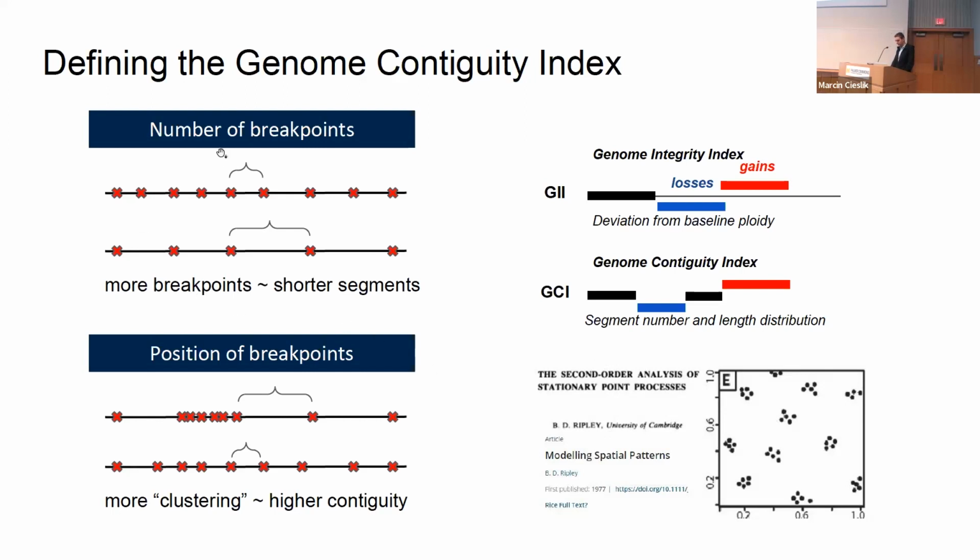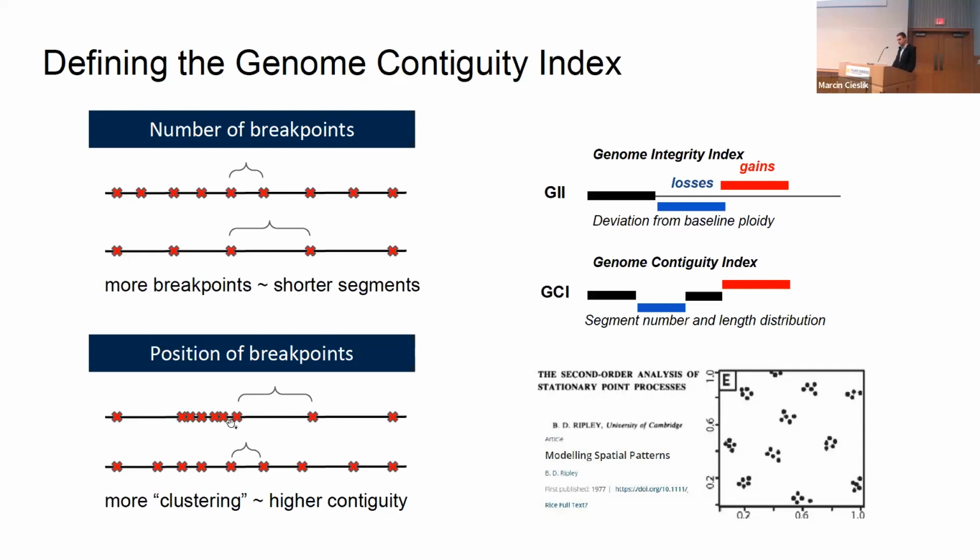You can see, for example, on these 2 diagrams here, that, well, first of all, the length of the segments is determined by the number of breakpoints. The more breakpoints you have, obviously, the shorter the segment. That's logical. But there's also another way of altering the length of segments, their distribution.